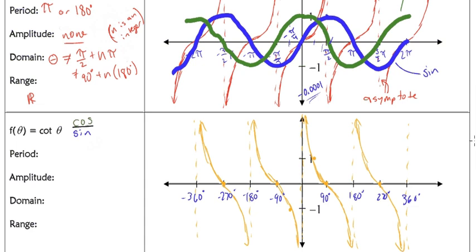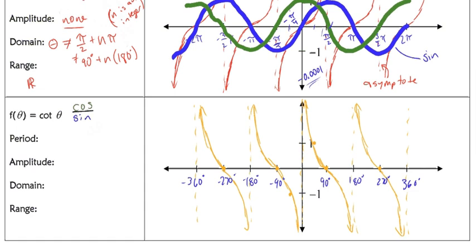So the period's the same. It's still going to have a period of pi, or 180 degrees. Its amplitude is still going to be none, with those asymptotes heading to positive infinity and negative infinity. We can't calculate infinity minus negative infinity, so we just consider it to be none.